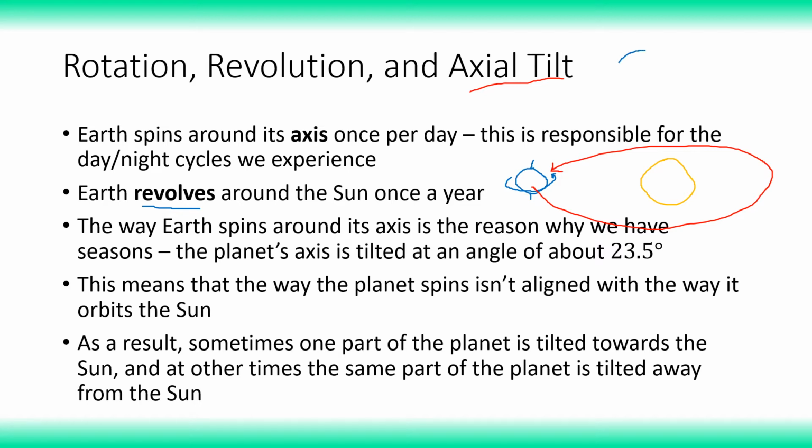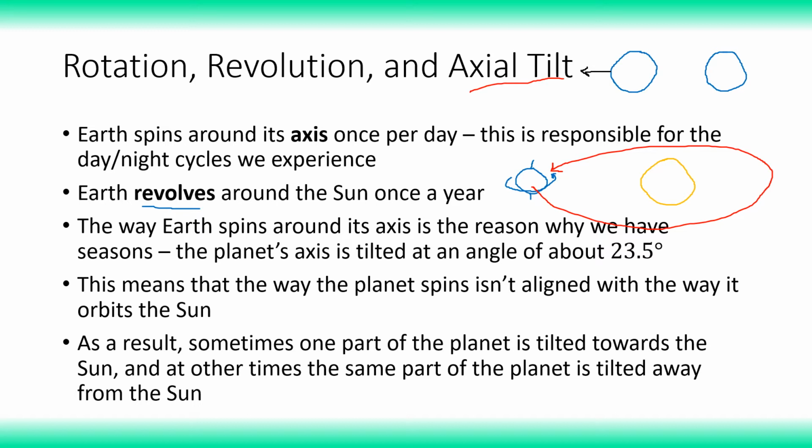Basically, I'm going to draw out the easy way that you could picture the Earth rotating, and then the way that the Earth actually rotates. If the Earth is moving in, let's say, this direction, then it would be easy if its rotation was straight up and down.